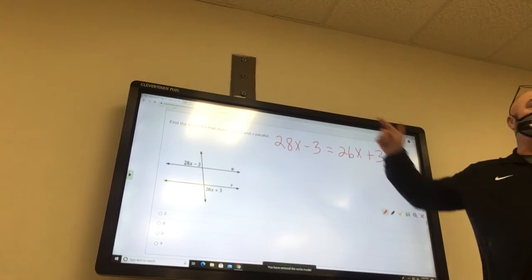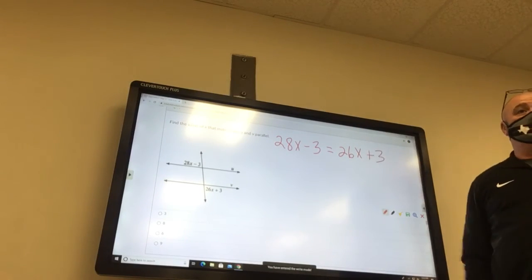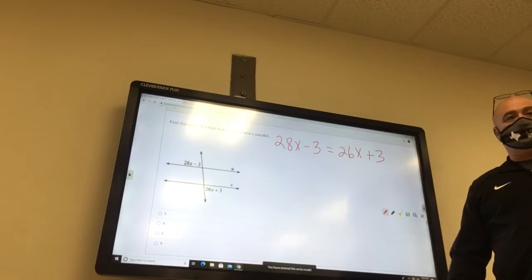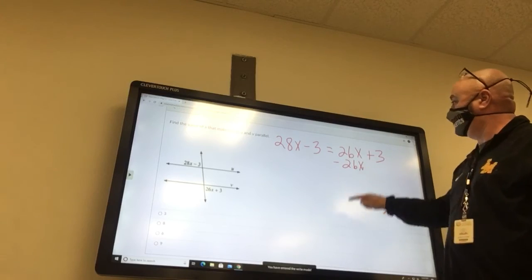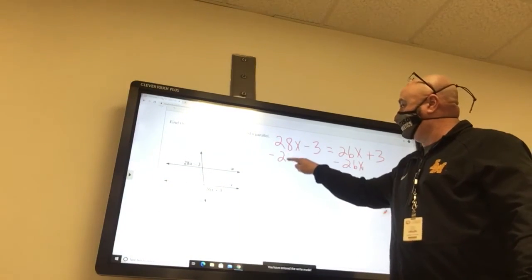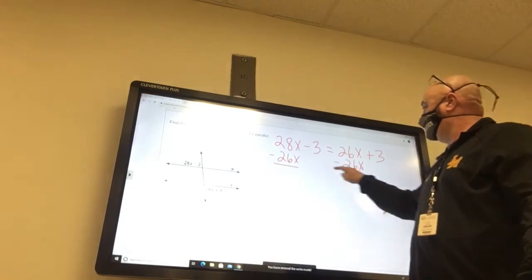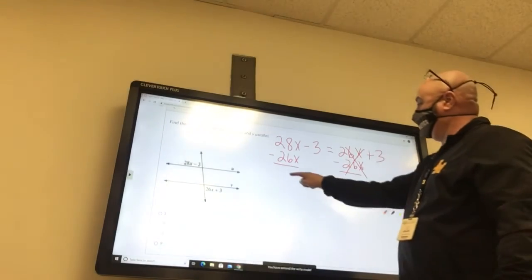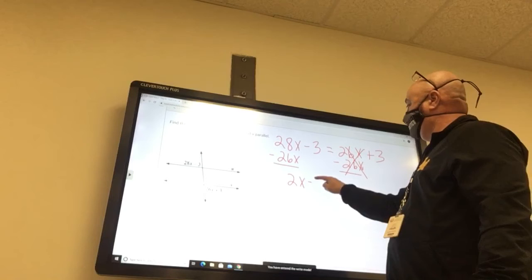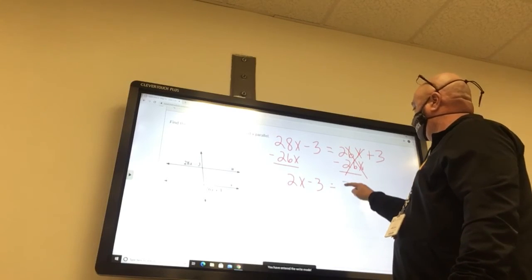It says solve for x. Find the value of x. So I'm going to subtract 26x from this side. I'm going to subtract it from this side. That's gone now. Okay. I got 2x minus 3 is equal to 3.